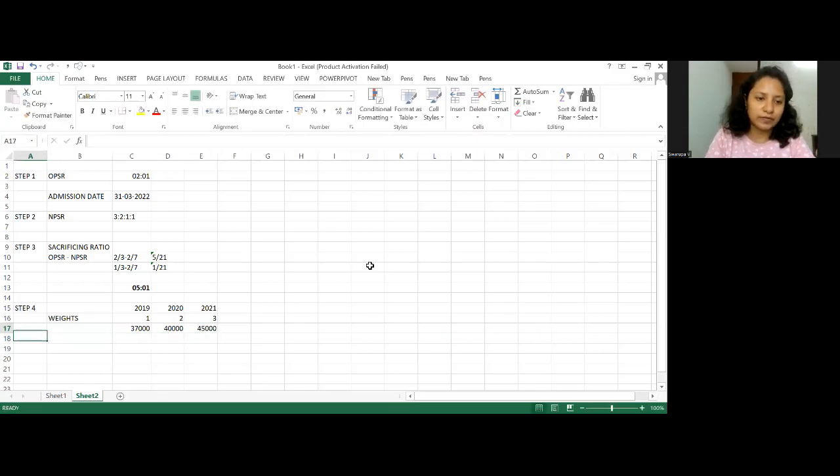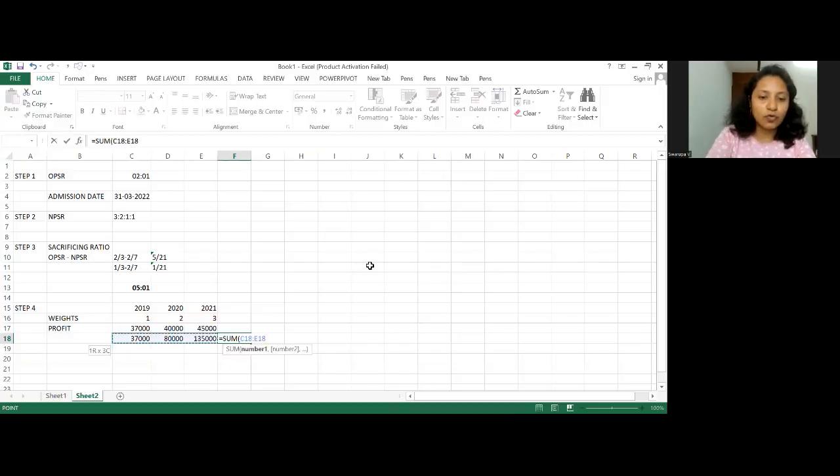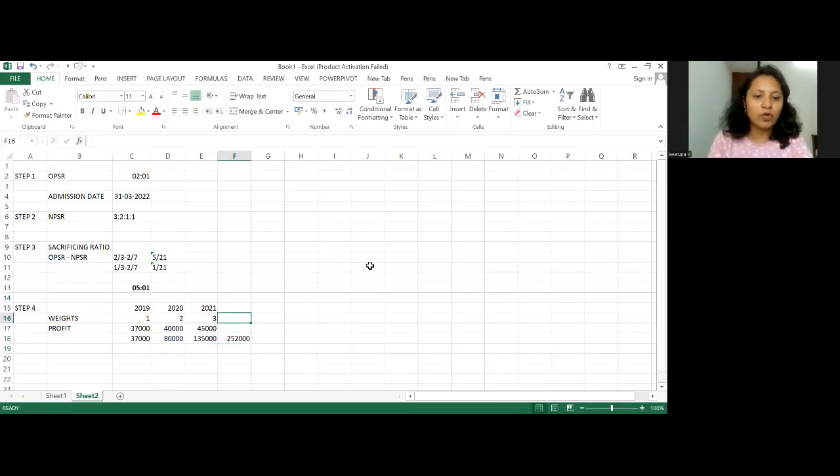So weighted profit is 37,000 into the weight of 1, 40,000 into 2, which is the second year, and for the third year, we are giving a weightage of 3. Once we sum this up, we get the total weighted profit.